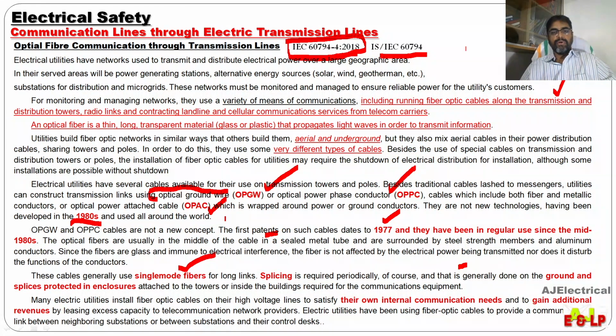I told you, actually the purpose of this communication is their internal communication, or the transfer of data and speech for the electric controls. But since there is a large scope for data transfer, they can lease out some fibers or channels to other companies, and thereby they can gather more revenue. Such utility companies can gather more revenue.